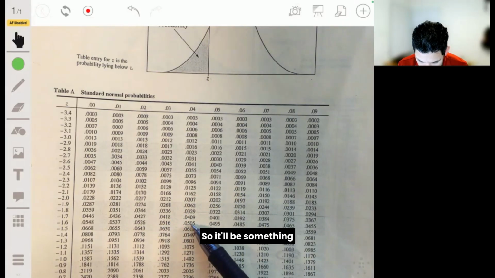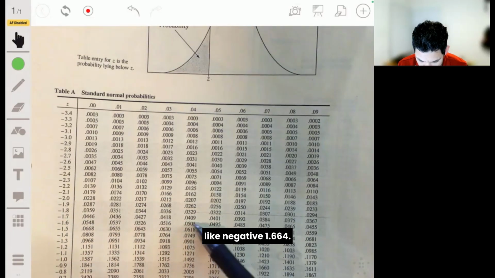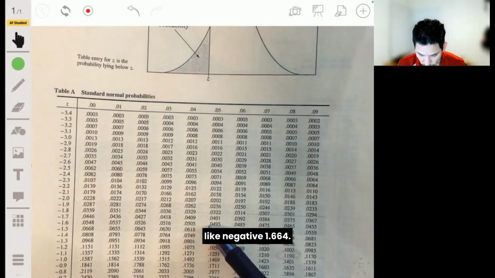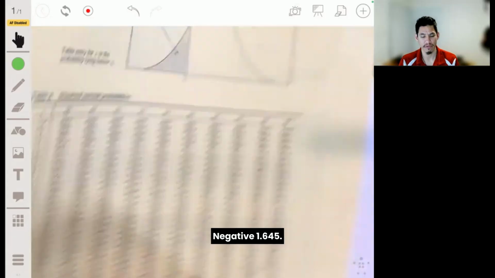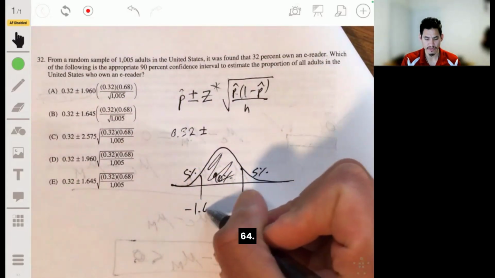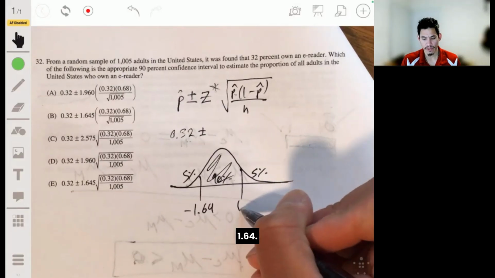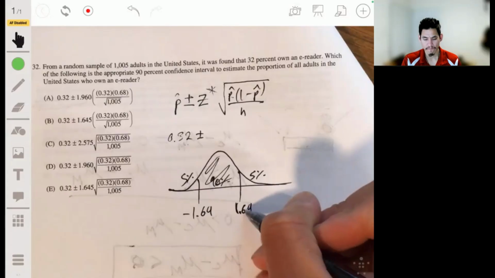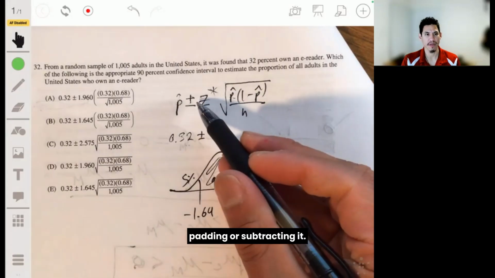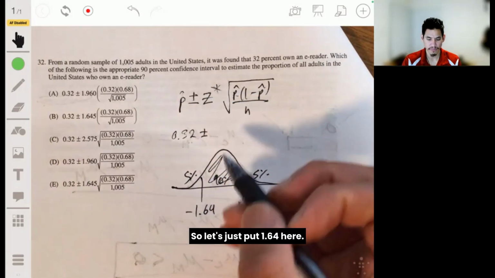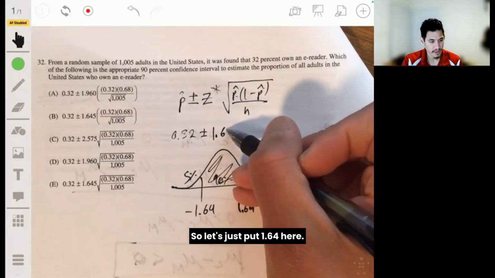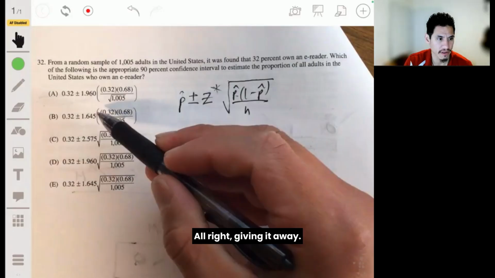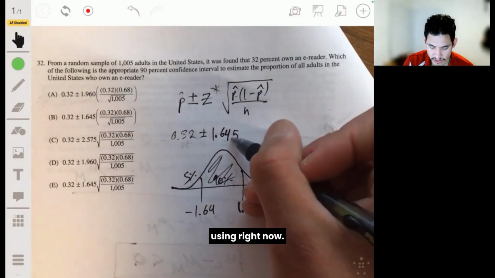Like about here, so it'll be something like negative 1.645, negative 1.64. It doesn't matter because we're adding or subtracting it, so let's just put 1.64 here. All right, I'll give it away: 1.645. It looks like they're using that.